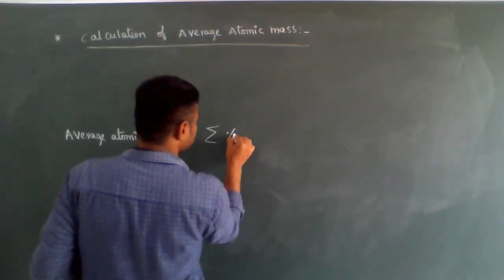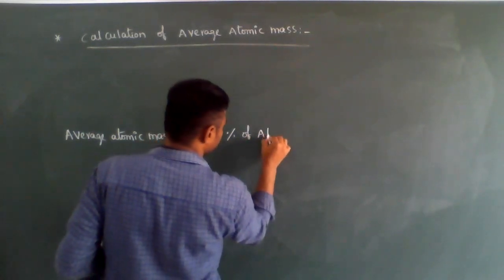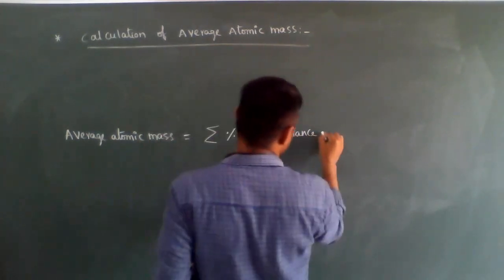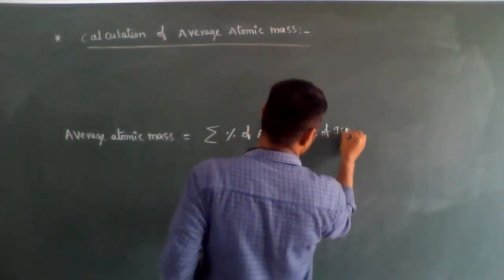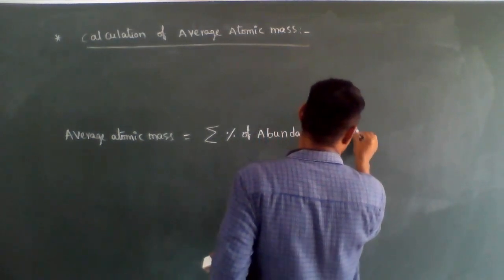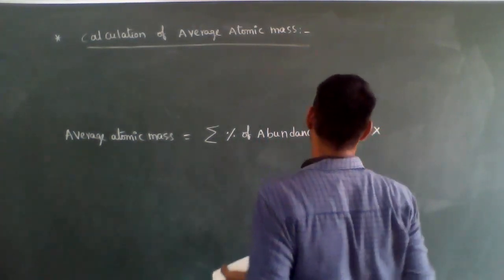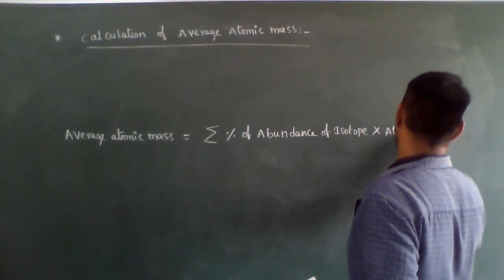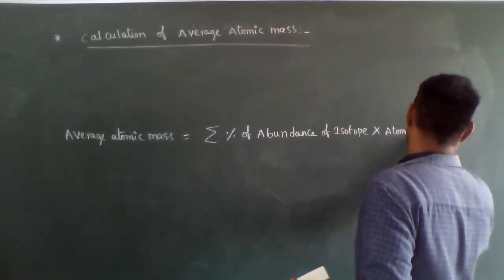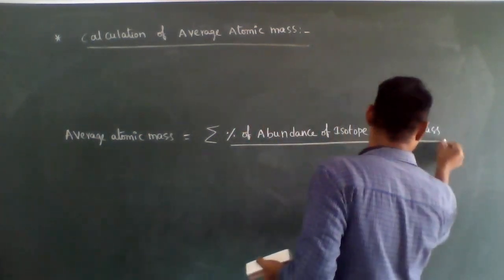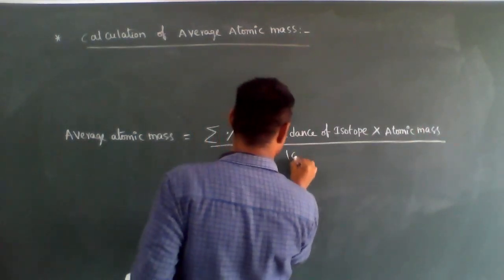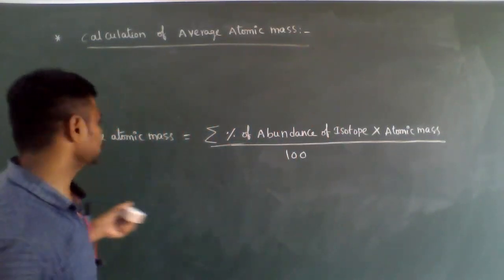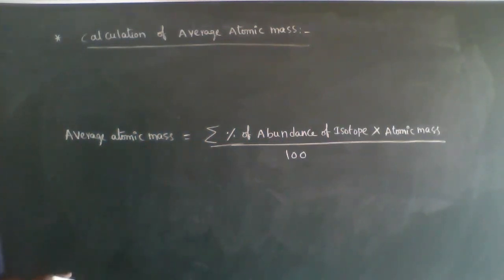Sigma, percentage of abundance of isotope into atomic mass, by 100, because the total percentage abundance is always equal to 100%. So this is the formula for calculation of average atomic mass.